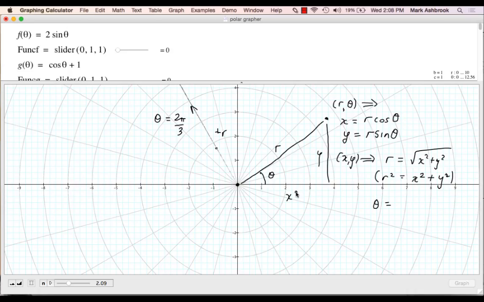Opposite and adjacent: tangent theta is y over x, so theta would be arctangent of y over x. But arctangent will only spit out angles between negative pi over 2 and pi over 2. So you might have to adjust depending on where your point is and what kind of angle you want.